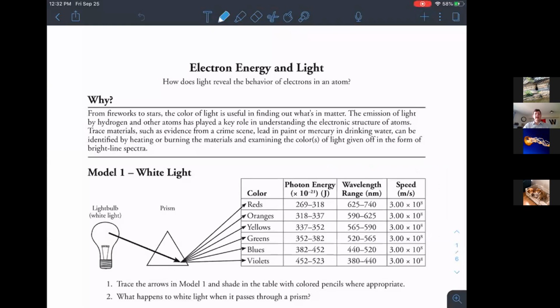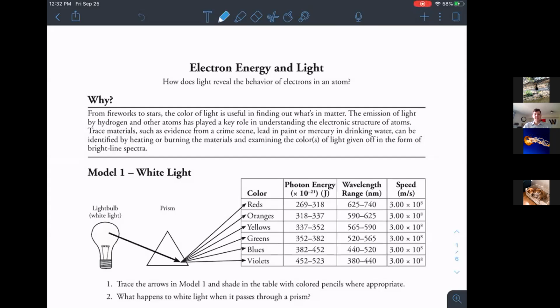So I'm going to read the why together. From fireworks to stars, the color of light is useful in finding out what's in matter. The emission of light by hydrogen and other atoms has played a key role in understanding the electronic structure of atoms.